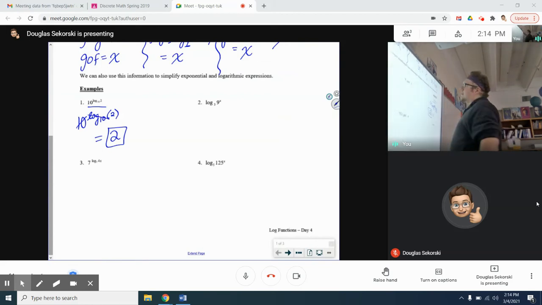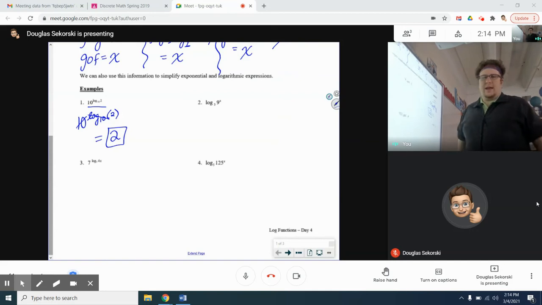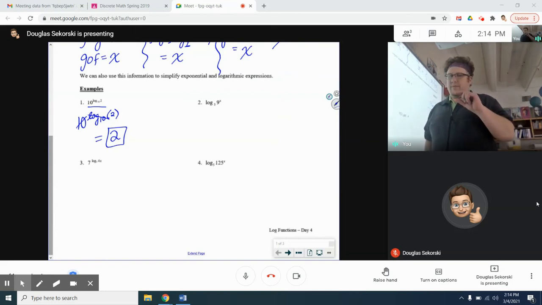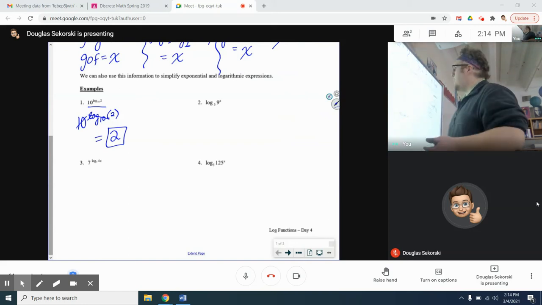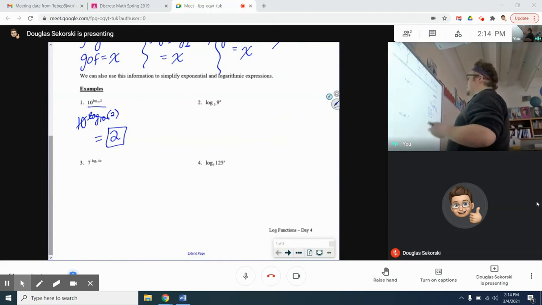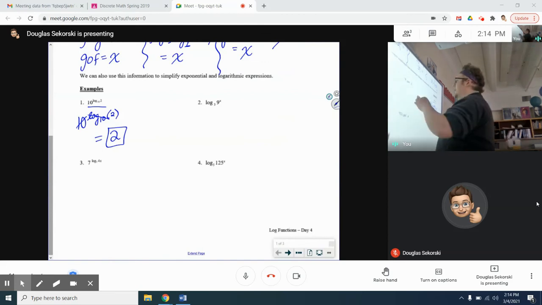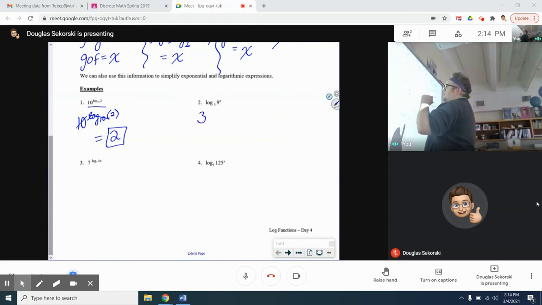Now over here is a little bit different of a story, right? Because now we have a base of 3, but then inside of the argument is a 9 to the x. So when I'm proposed one of these questions, I like to just kind of create a box. Here's the base, and I know that we're always wondering what is it equal to, right? So 3 to something equals 9 to the x.